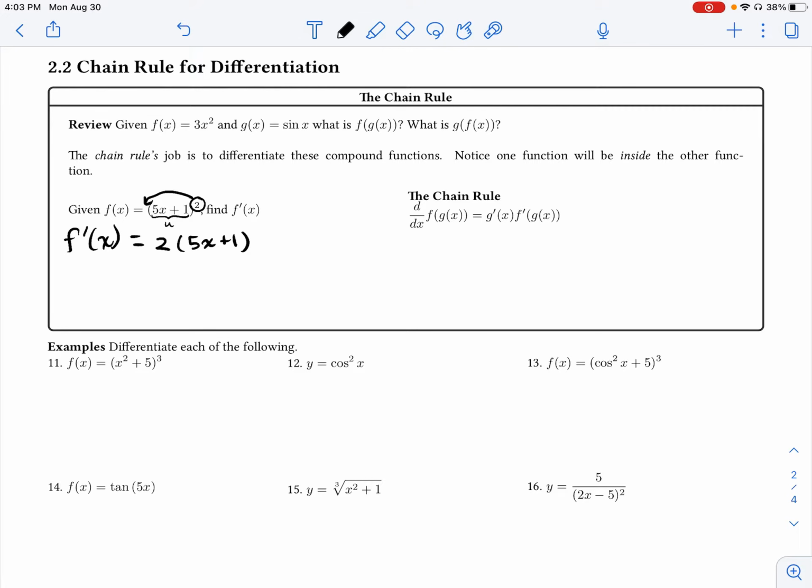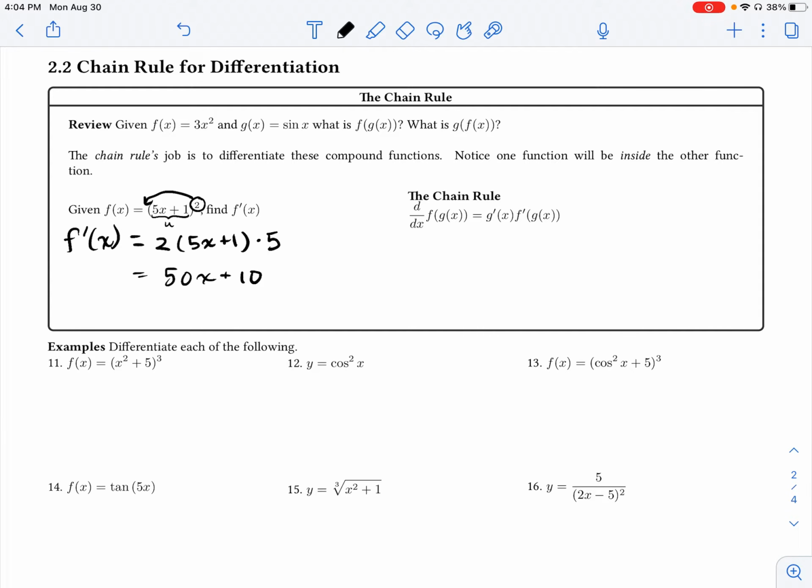We're leaving that alone for the time being. We're going to now decrease that power by 1, so this is just 5x plus 1 to the 1 power. Now we're going to find the derivative u prime, or in other words, the derivative of our inner function, which is just 5. I'm going to get rid of that 1 now.